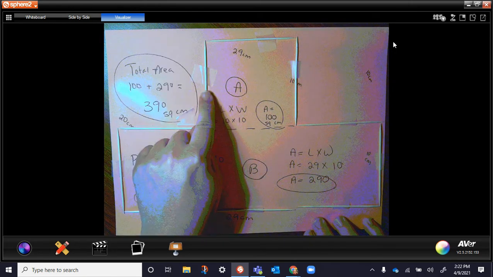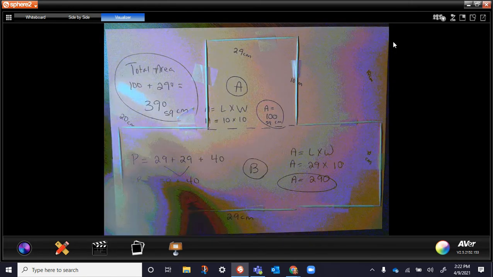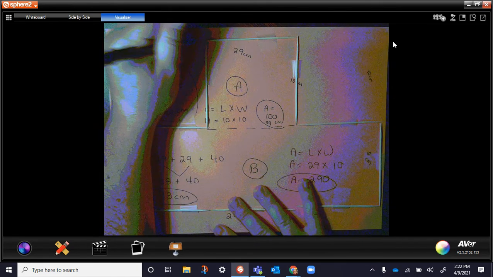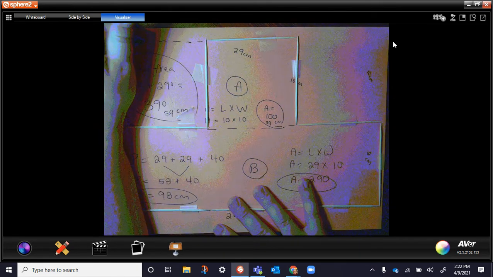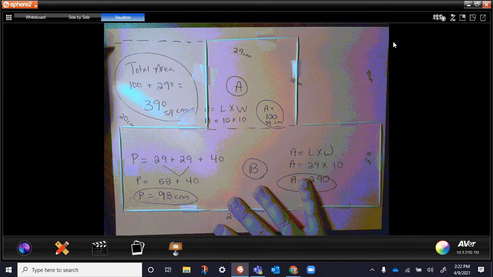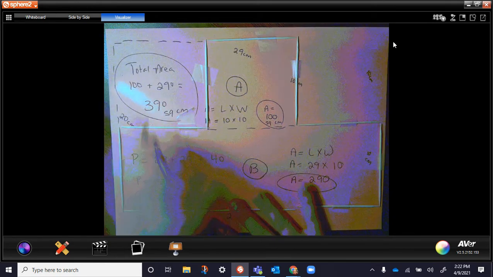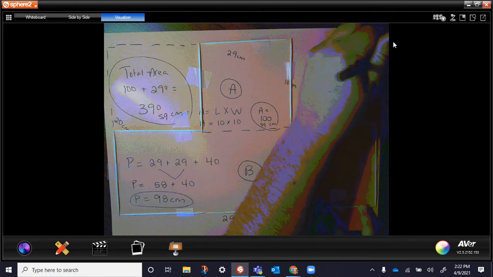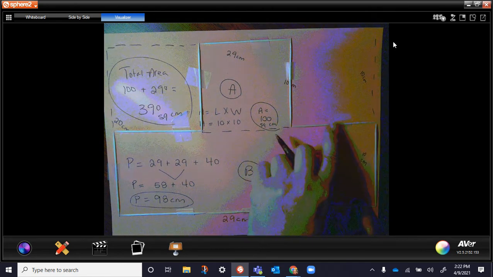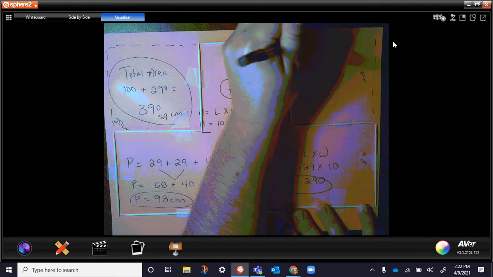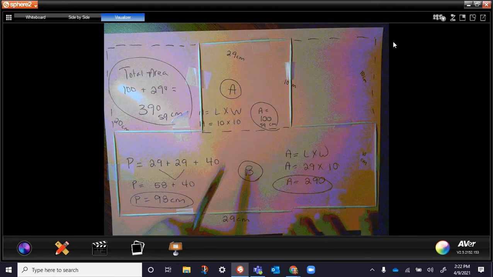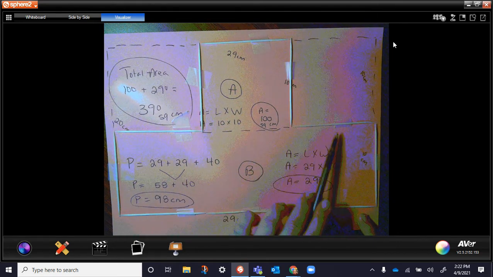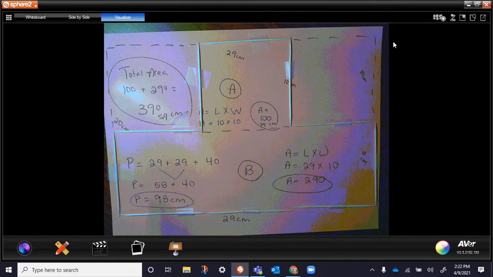We moved this one over, and then this one we moved over to the outside, and we moved this one straight up to where now these four are gone and we've got this large rectangle.